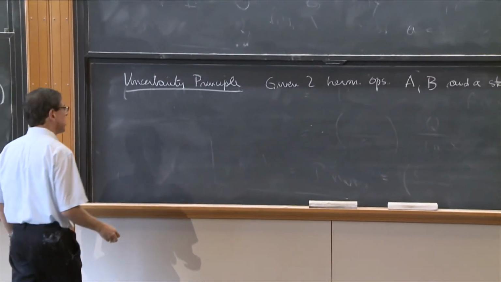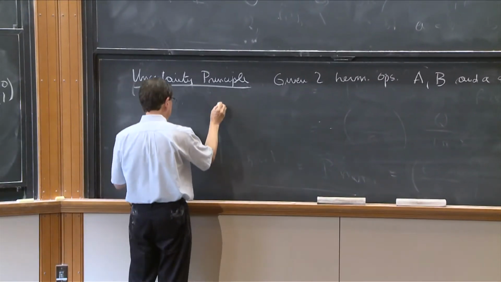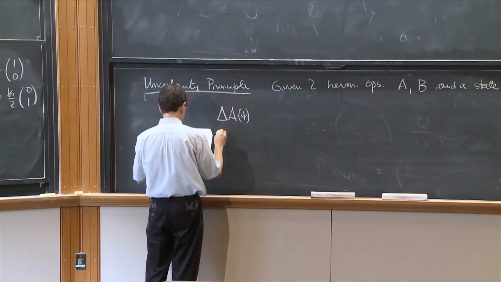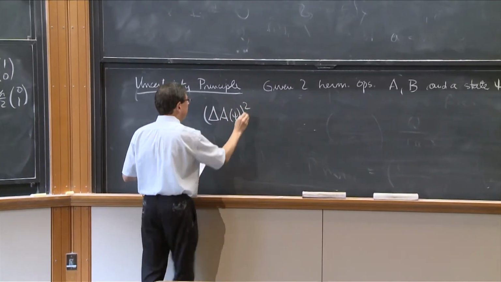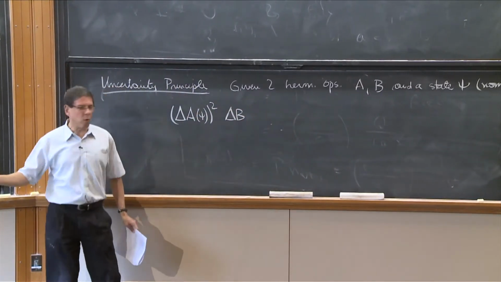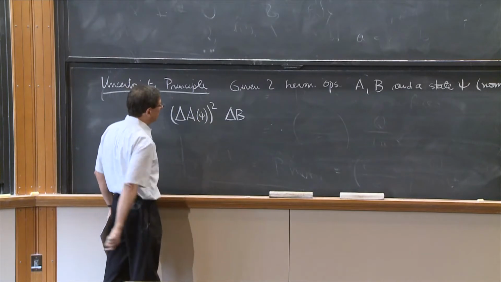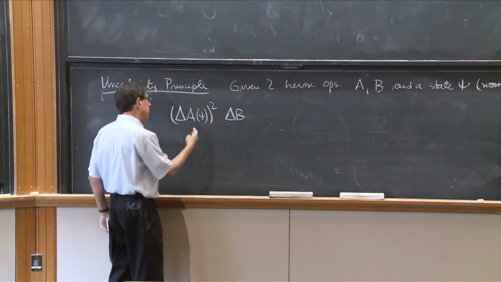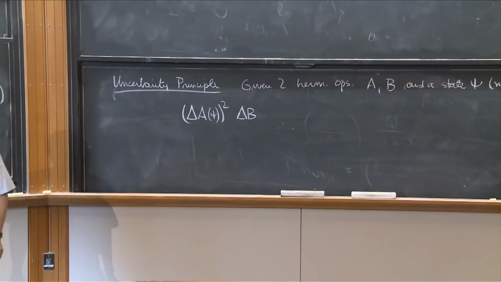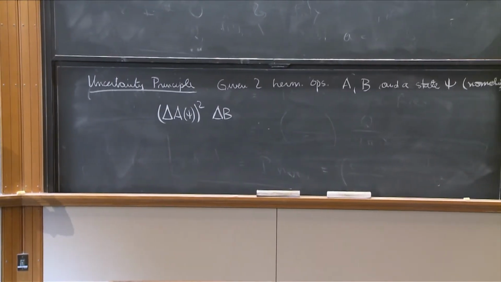And we're going to write it in one way, then in another way. Delta A psi squared times delta B. Sometimes people, in order to avoid cluttering, don't put the psi. It does look a little more messy with the psi there, but it's something you have to keep in mind.